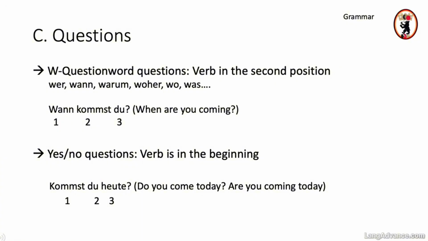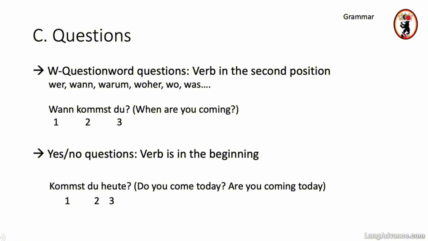W question word questions follow the ironclad rule: the verb has to be in the second position. They are called W question word questions because they all start with a W. Duh, I know. But it never hurts to spell it out to make sure everyone is on the same page.